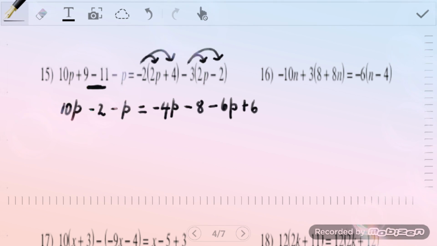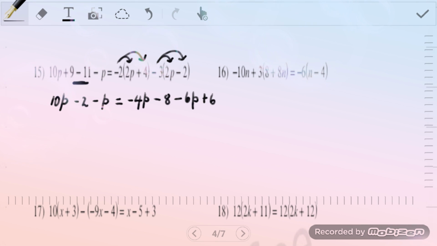All right, now that we got rid of those complications, we once again have to focus on trying to get the variables to be on one side. Notice that I have the 10p over here already, and it is the largest of all the p's. This is minus 4p, this is minus 6p.